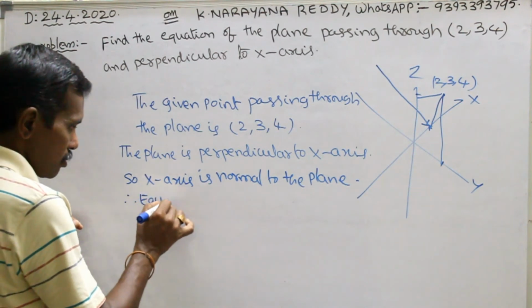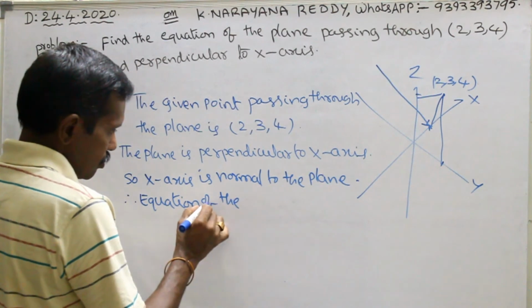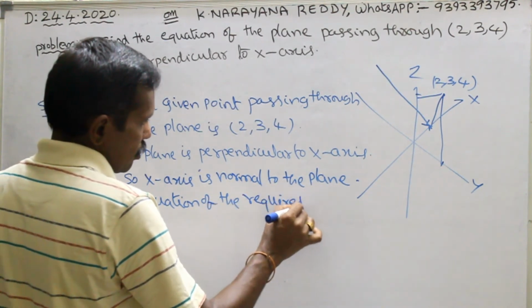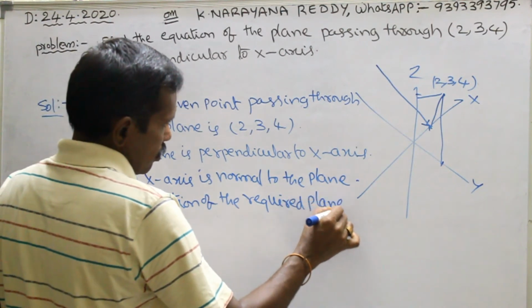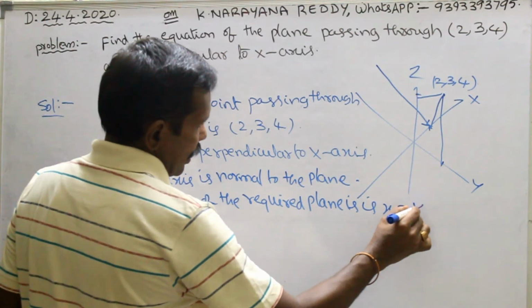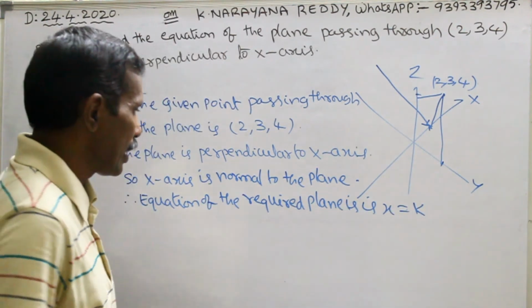Therefore, the equation of the required plane is x equals k. Equation of the required plane is x equal to k.